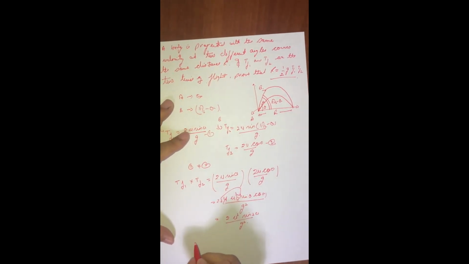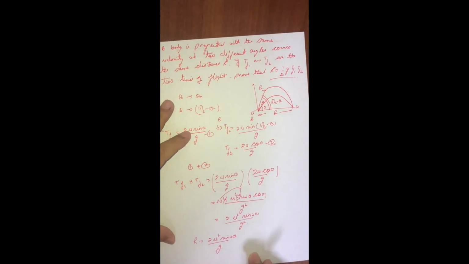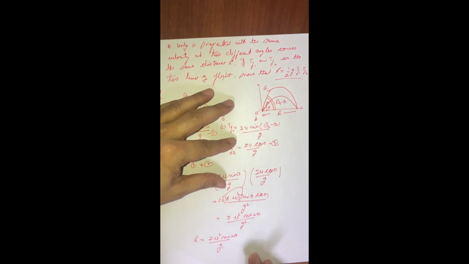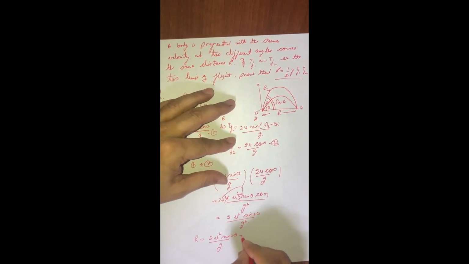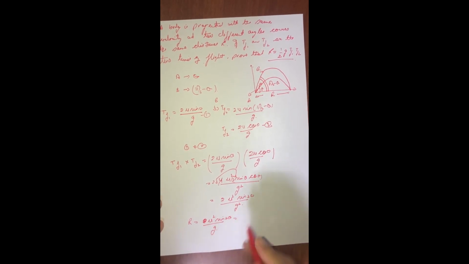And we also know the formula for range, which is given as u square sine 2 theta upon g.